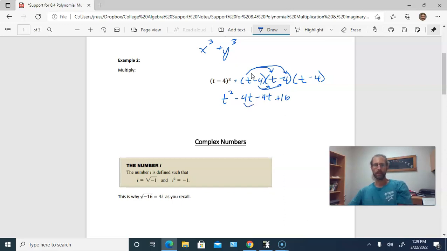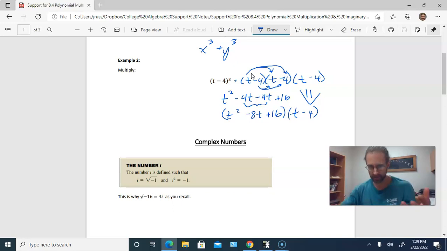And if we combine those two in the middle, negative 4 minus 4 is negative 8t. So we're going to end up getting a trinomial. I'm going to put it back in parentheses because now we have to multiply it by that last binomial. So now this looks like the last one that we just did.